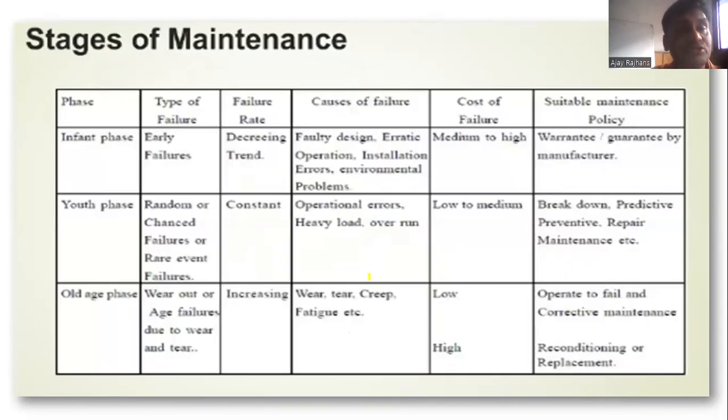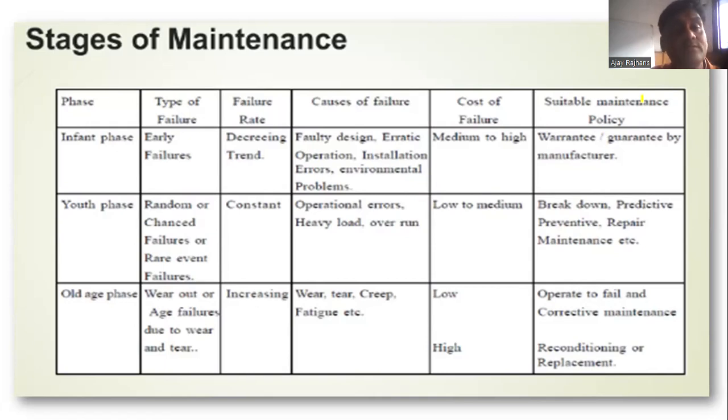As for stages of maintenance, any equipment which needs maintenance goes through stages: types of failure, failure rate, causes of failure, cost of failure, and suitable maintenance policy. There are three main phases: the infant phase, the first phase; the youth phase, the second; and the old age phase, the third.